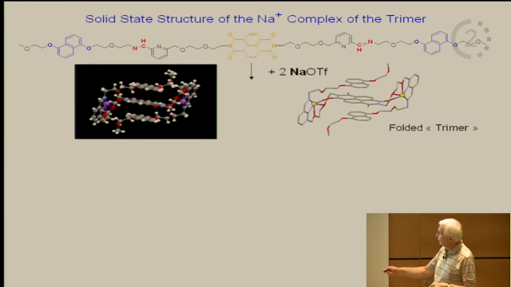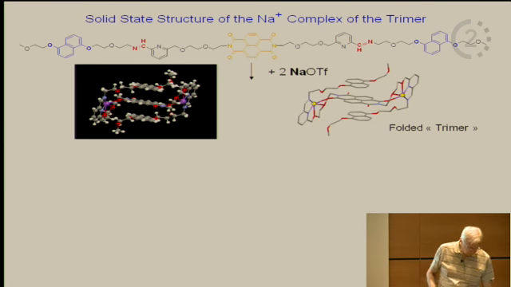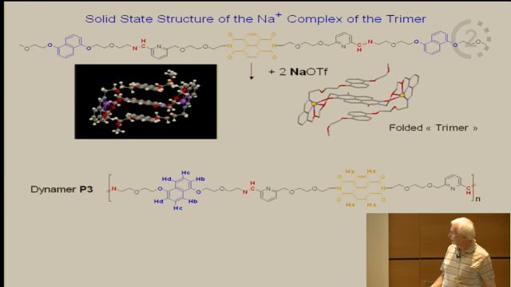And indeed, when this substance is treated with sodium triflate, you get a very nice start of a helix, where sodium binds to these sites and the ligand wraps around the sodium ion, giving this superposition of donor, acceptor, donor, stabilized by the binding of sodium in these loops, the folded trimer.